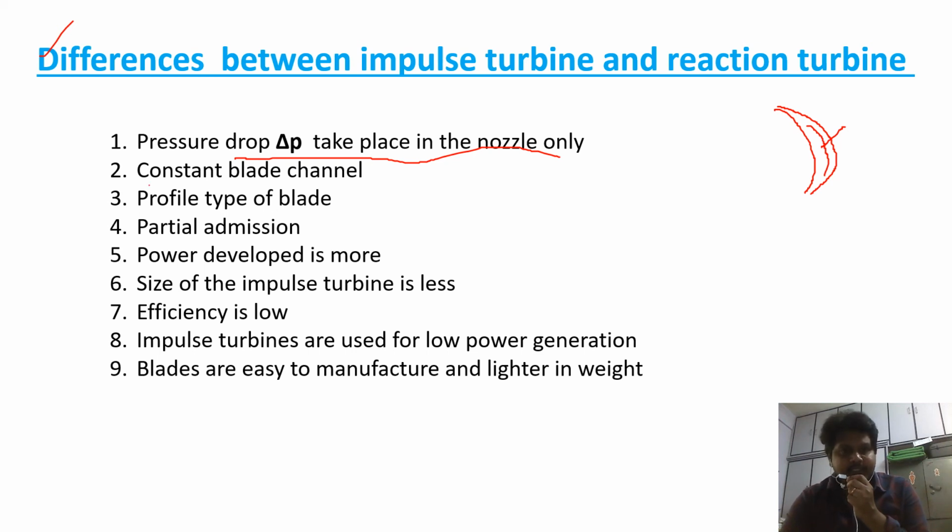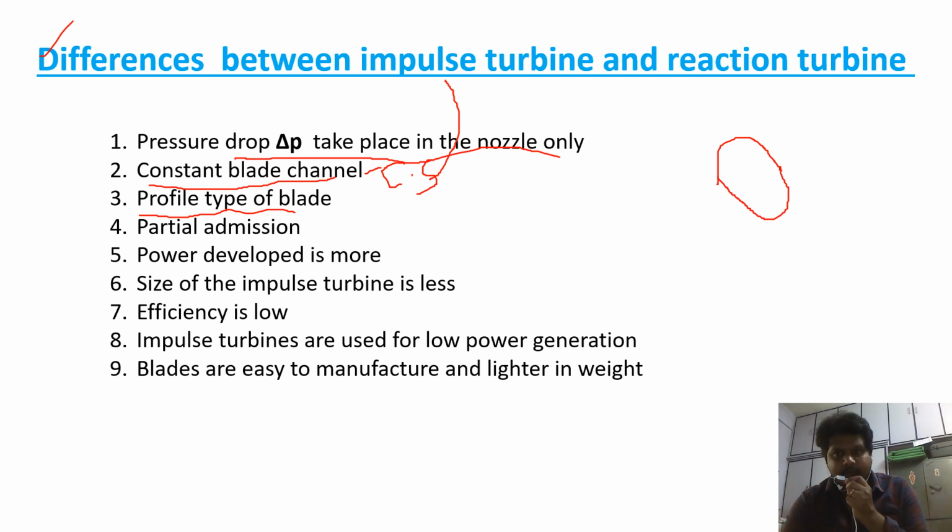The next difference is constant blade channel, which means the cross-section area is constant in an impulse turbine, because here we use profile type blades. But in a reaction turbine, we use aerofoil type.